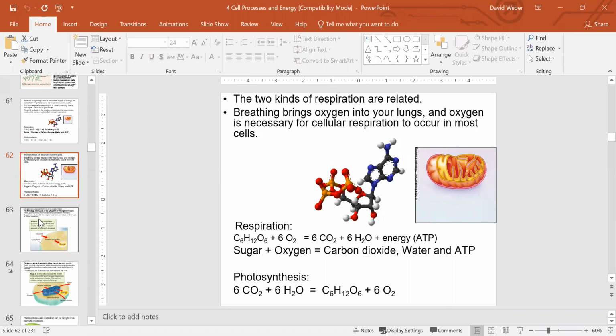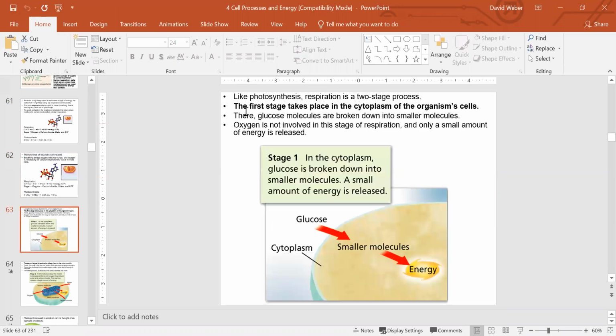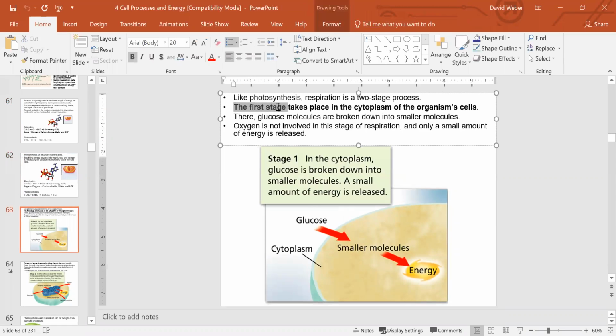It's really neat. Now, the next note, second bullet point right here, says the first stage of cellular respiration takes place in the cytoplasm of the cell.